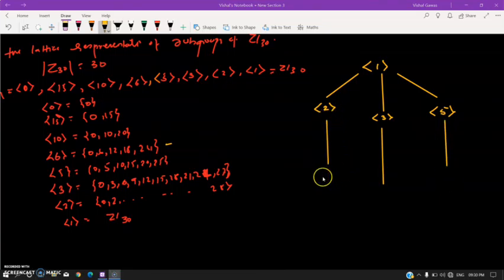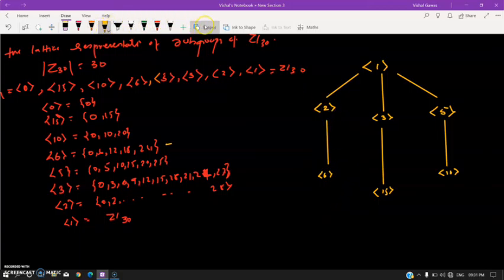So as I said, 6 is a subgroup of this, right? 3 will also have 6, right? If you look at 15, 15 has 0 and 15, which are the elements of 3, right? So 15 is here. A subgroup of 5 is nothing but 10, right? 10 is here, and all this comes and meets 0, right?